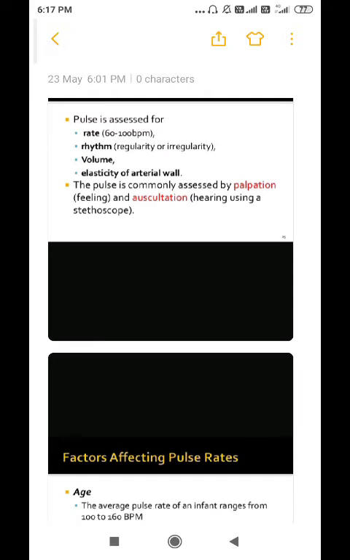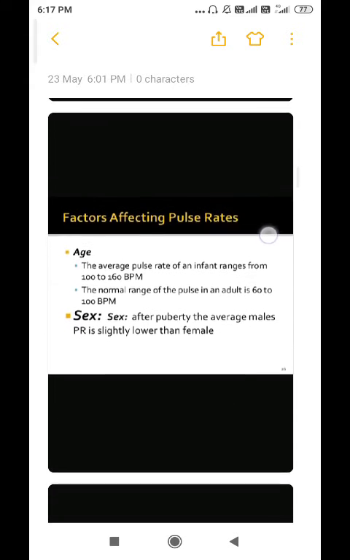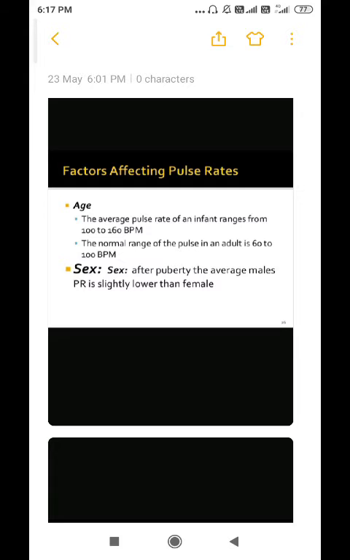To check, you feel by palpation, and by auscultation you hear whether the pulse beat is present or not.